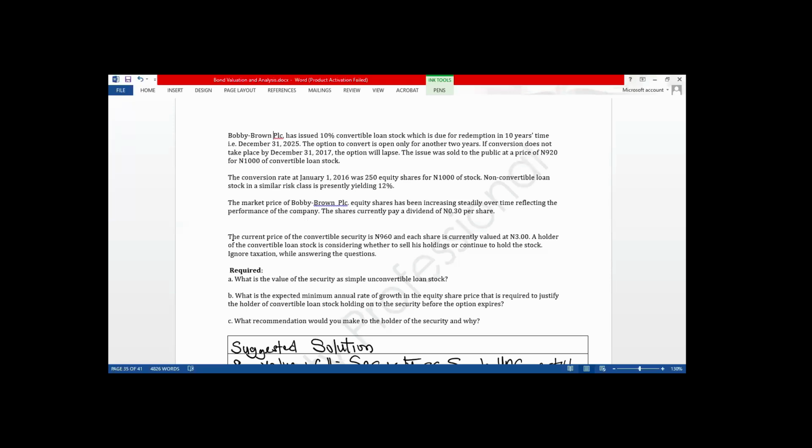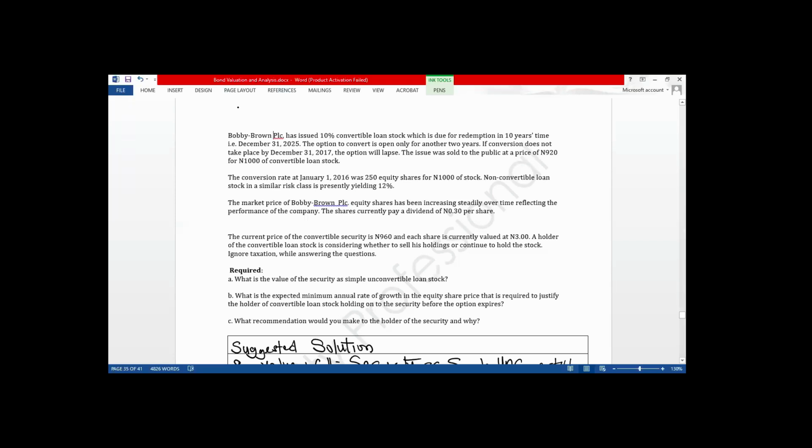I will get interest in year 1, get interest in year 2. Then after year 2, I will exercise my right of conversion. I will convert the debt to ordinary shares.